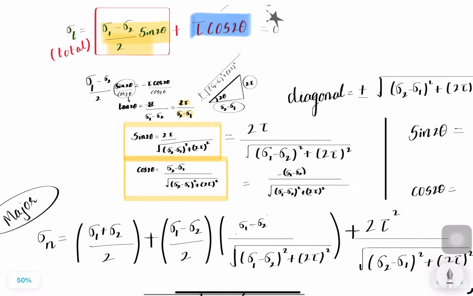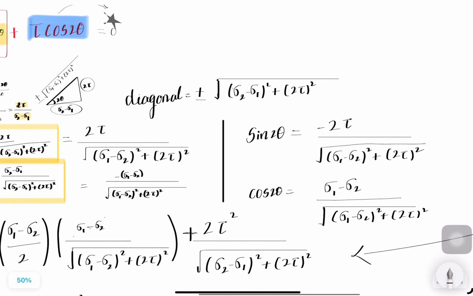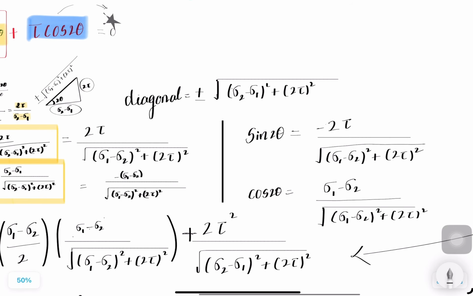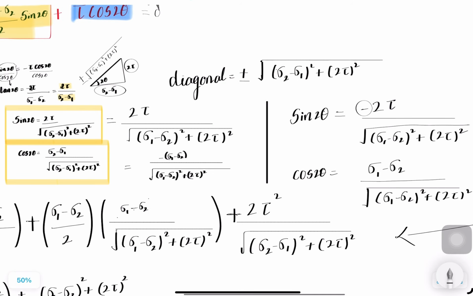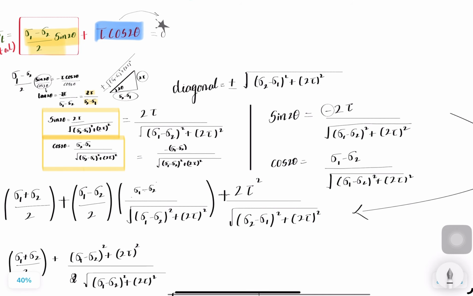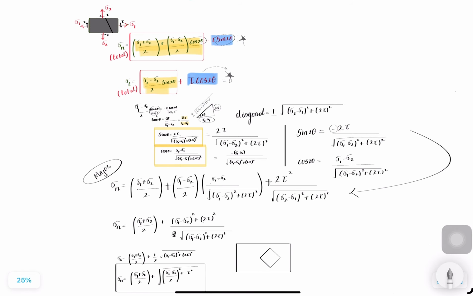So first substitute. You can see that there is a negative here that I'm putting a circle on, and it is taken inside cos 2 theta. So sigma 2 minus sigma 1 becomes sigma 1 minus sigma 2. Okay, so that gives us this particular expression.